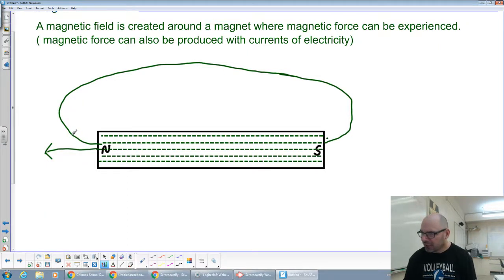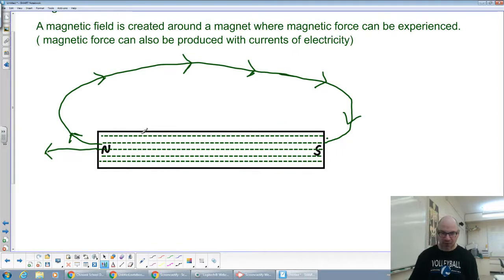Okay, and we have coming out like this. These arrows represent the force direction on that magnetic field line. Okay, then we'll come in here. This one here has a tighter loop.